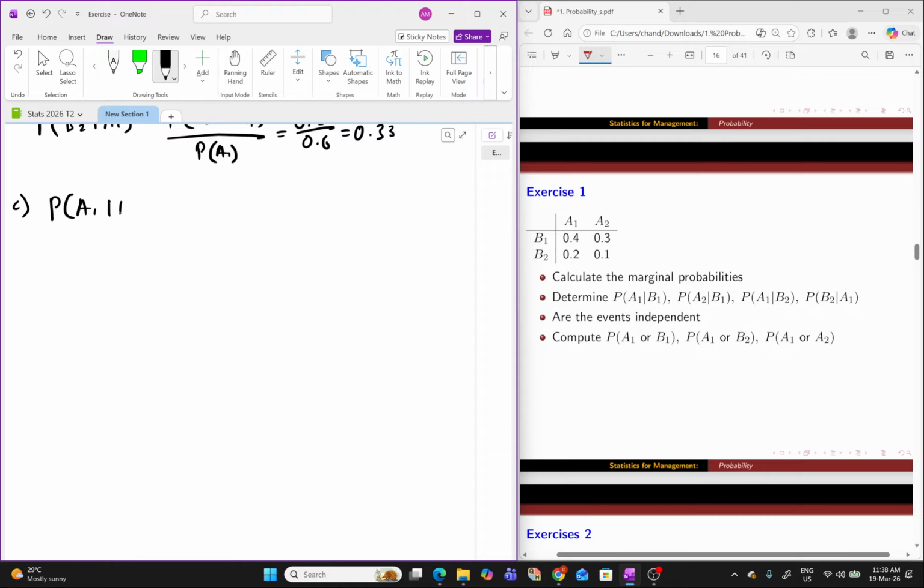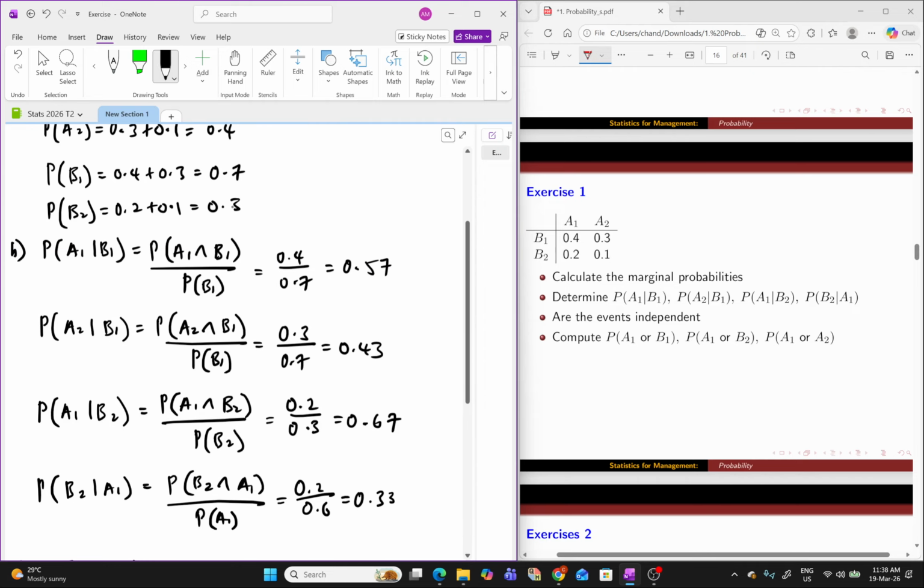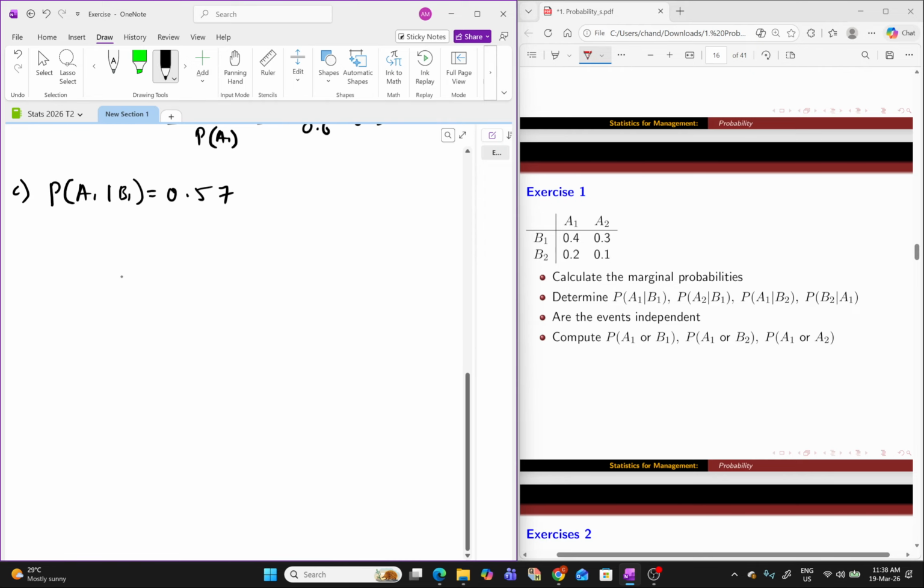P(A1 given B1) is equal to 0.57, and then P(A1) is 0.6.